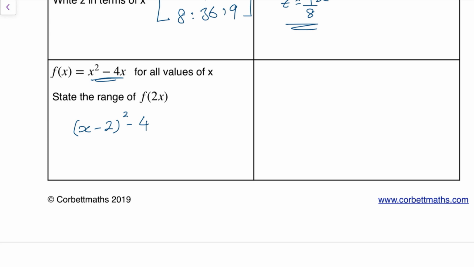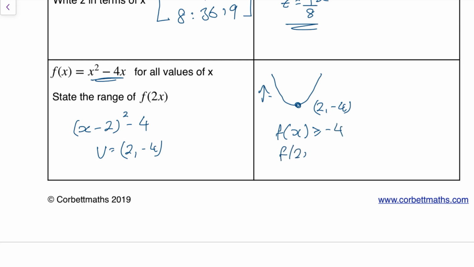And the reason I've done that is because I know the vertex is equal to 2, minus 4. Which means I know this is a happy shaped parabola, and I know my vertex is 2, minus 4, which means the range of f of x is going to be all values that are greater than or equal to minus 4, not 4, minus 4.